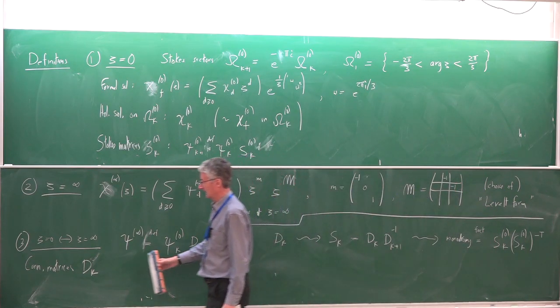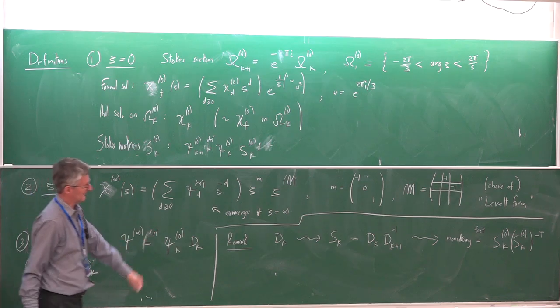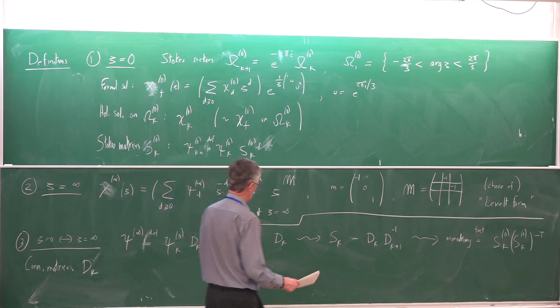So I'm just drawing this sequence as a kind of conceptual companion to this, right? So somehow the most difficult one is the connection matrix.